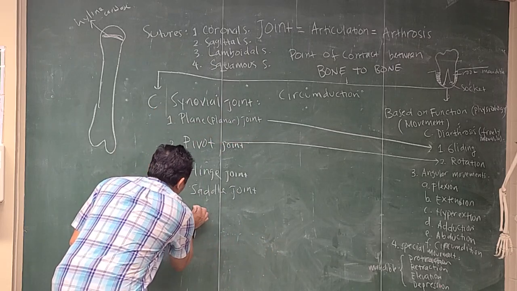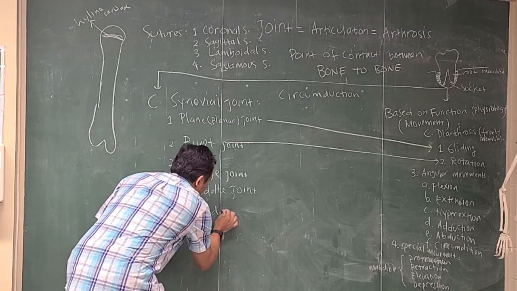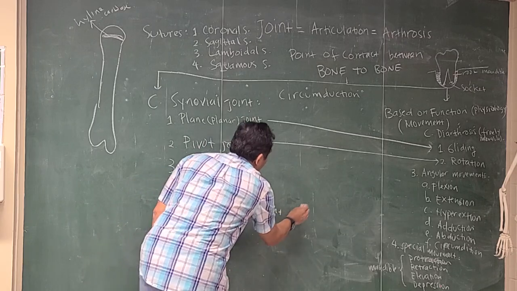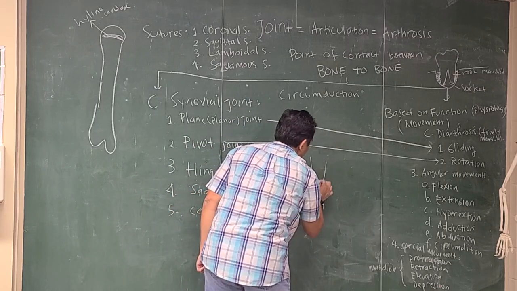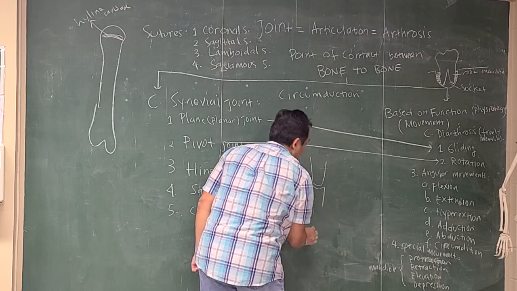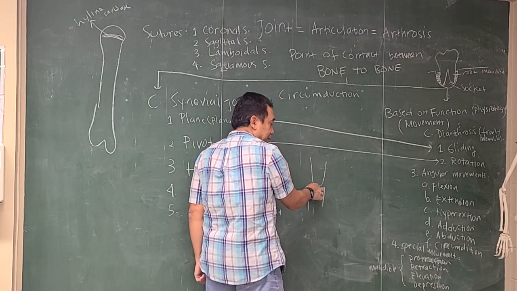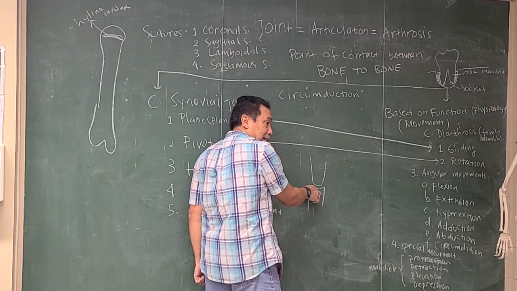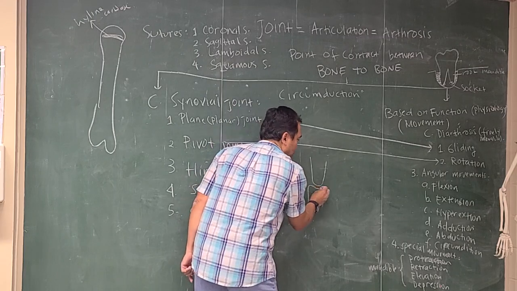The next one is called condyloid joint. Okay, this looks like this. That's condyloid. You have a projection or process and a depression, but the depression is shallow.